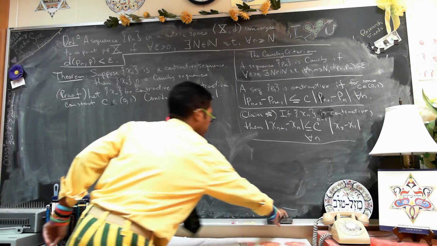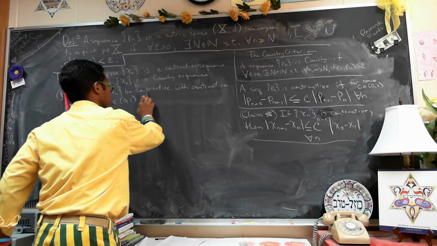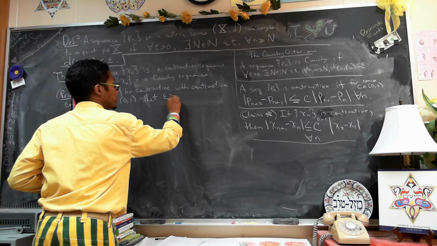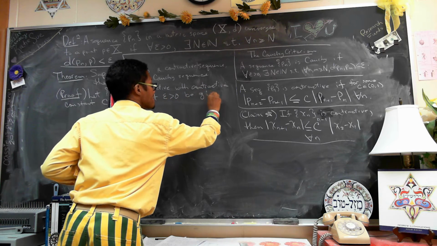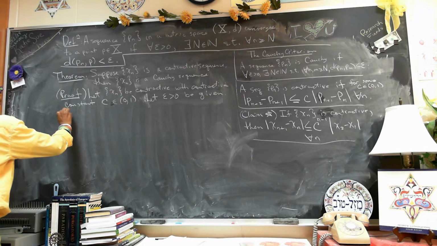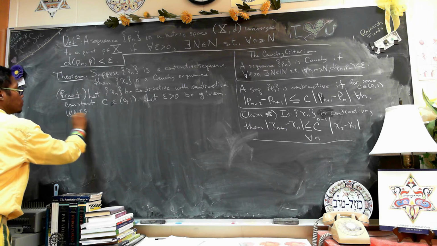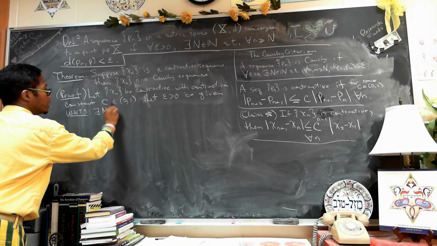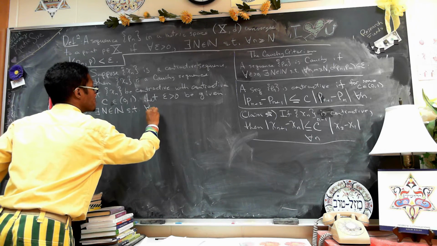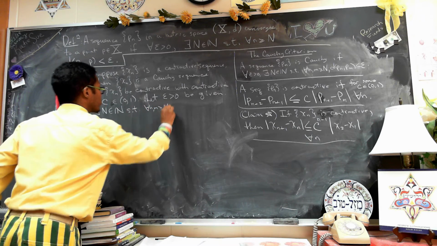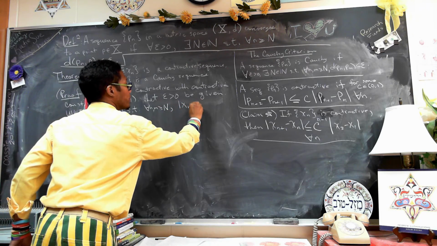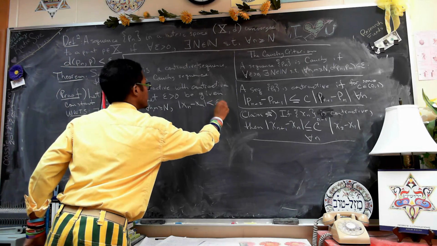Let epsilon be greater than 0 be given. We want to show that there exists some capital N in the naturals such that for all n, m bigger than or equal to this capital N, we have the fact that the absolute value of x sub n minus x sub m is less than epsilon.